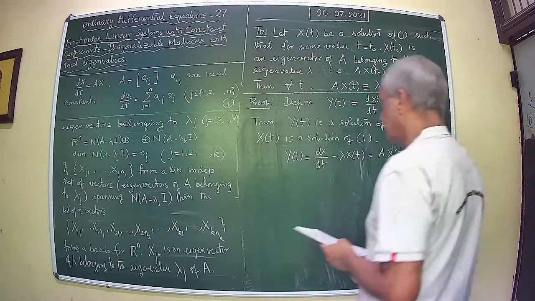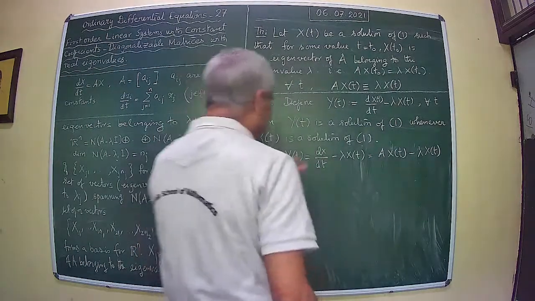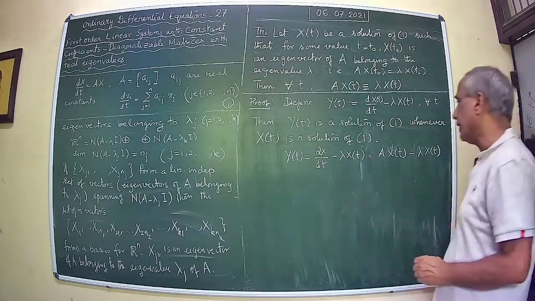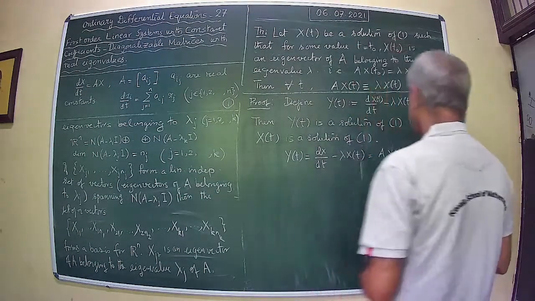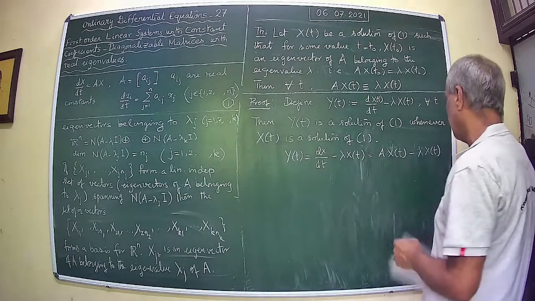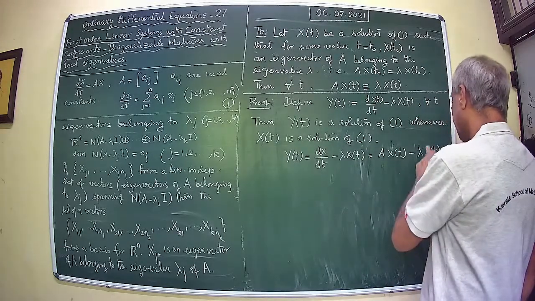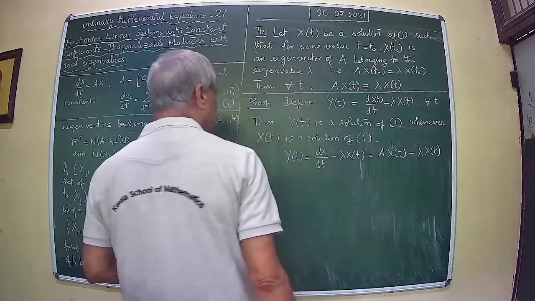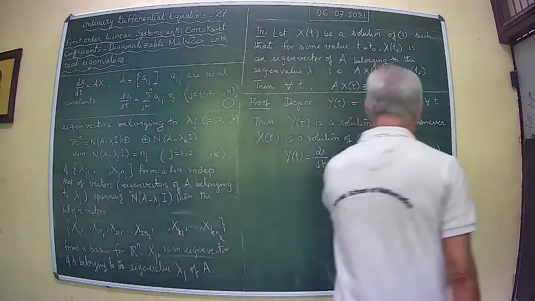Now if we can prove that yt is identically equal to 0, then we get dx by dt equal to lambda xt, or what you call Axt. A is the, or xt is the eigenvector of A for every t.